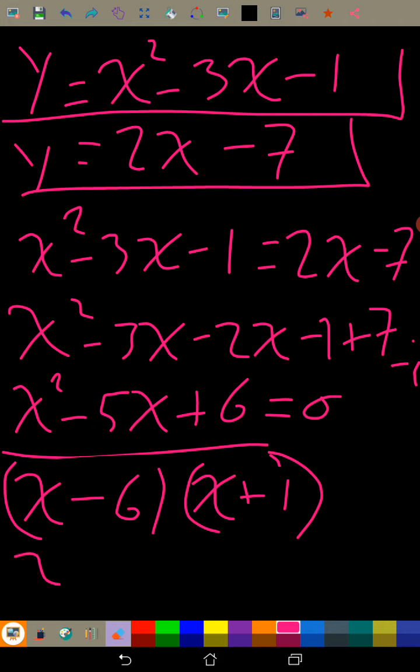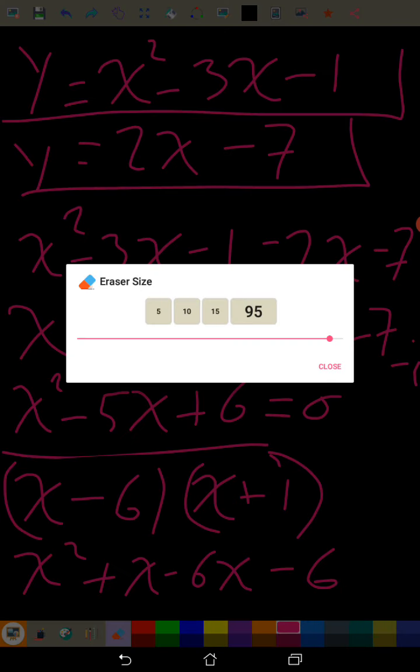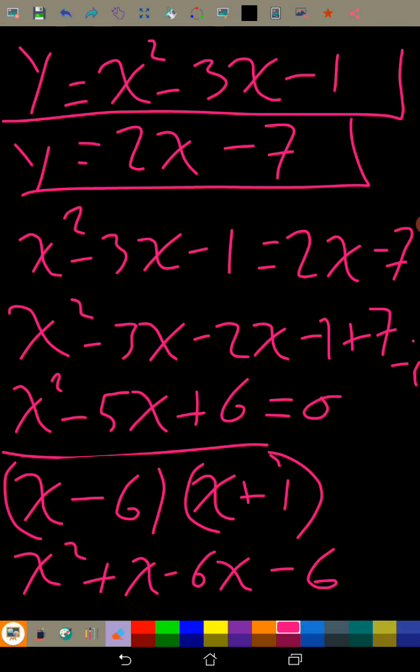If we expand this, we'll have x squared plus x minus 6x minus 6, which is not good. Therefore, that's not the right root. Sometimes it's like this. We think we got it, but it's not good.